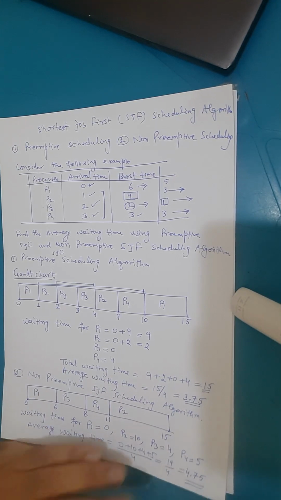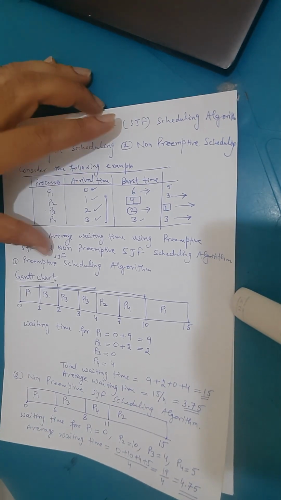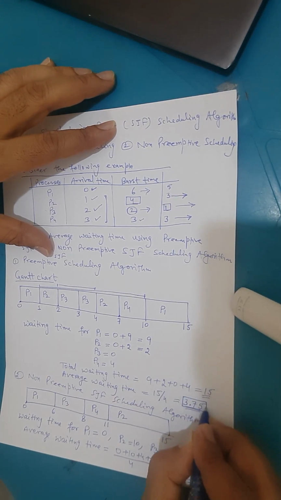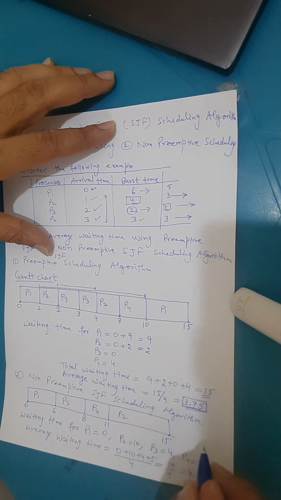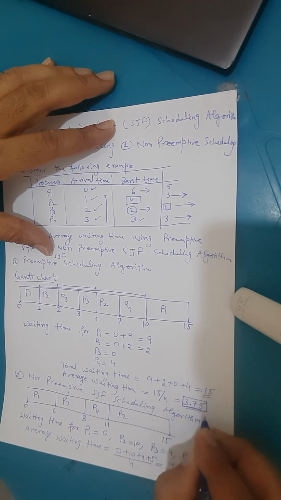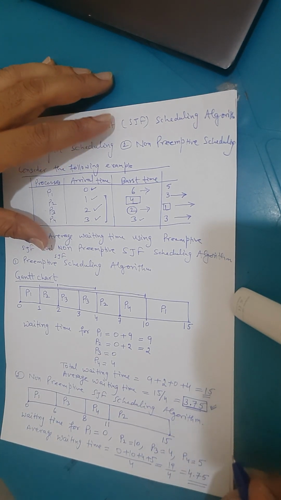So which algorithm is the best among these two algorithms? The preemptive scheduling algorithm is the best, because its average waiting time is less than the average waiting time of the non-preemptive SJF algorithm. So preemptive SJF scheduling algorithm is better than non-preemptive SJF scheduling algorithm.